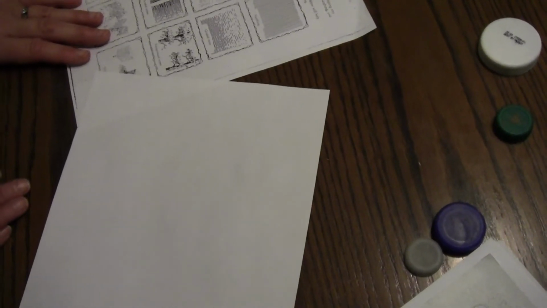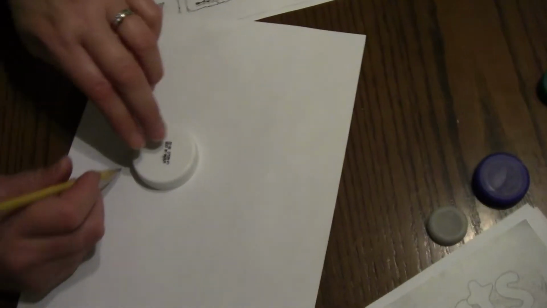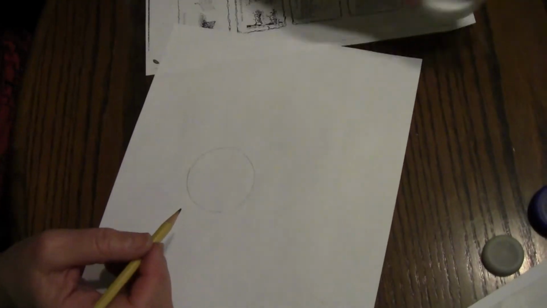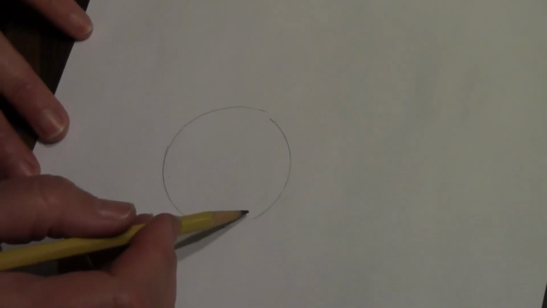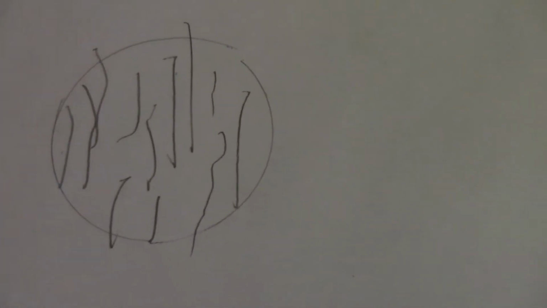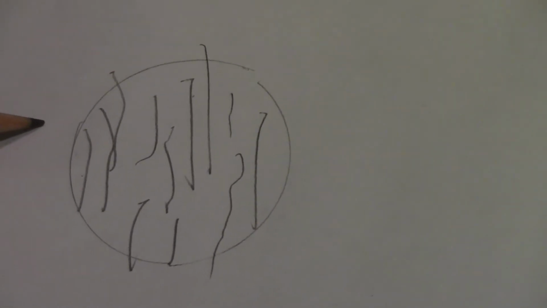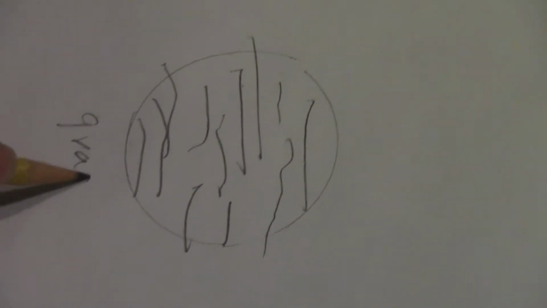Do a sloppy one. Okay. All right, now this is going to be a sloppy hatching. And this is a bad example of graded tone.